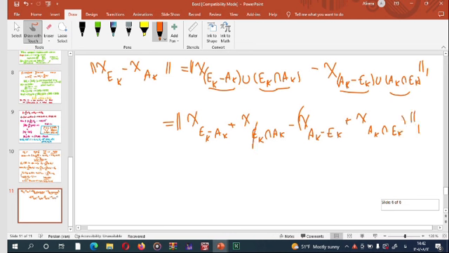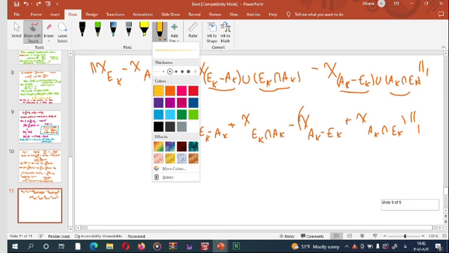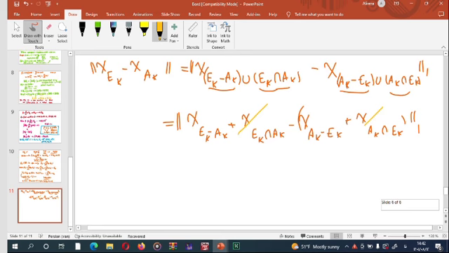And these two are omitted with the others, then omitting this by this, so that it is equal to these two norms.